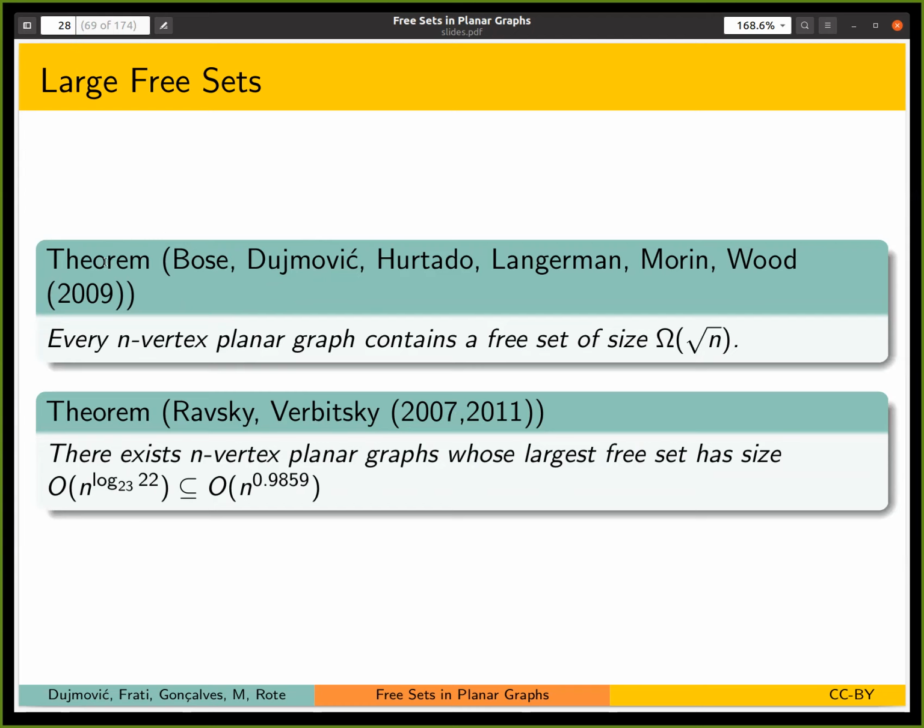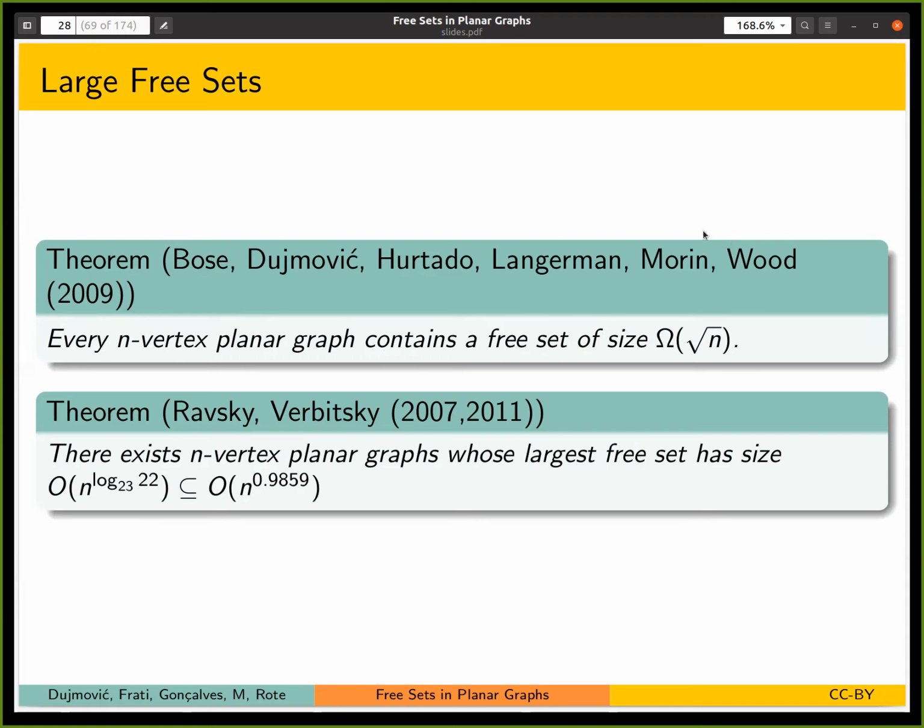But back in 2009, when we weren't really thinking about free sets or collinear sets, we were thinking about untangling, which basically asks, if you give me a non-planar drawing of a planar graph, how many vertices do I have to move to make it planar, or how many vertices can I leave fixed? We showed that every planar graph has a free set of size at least some constant times square root n.